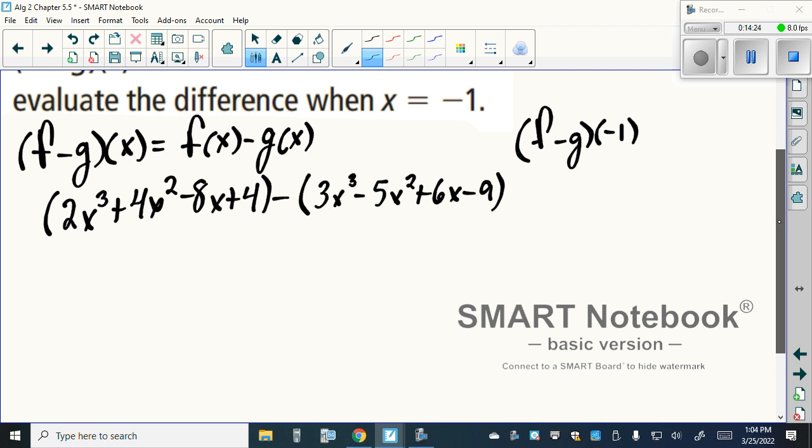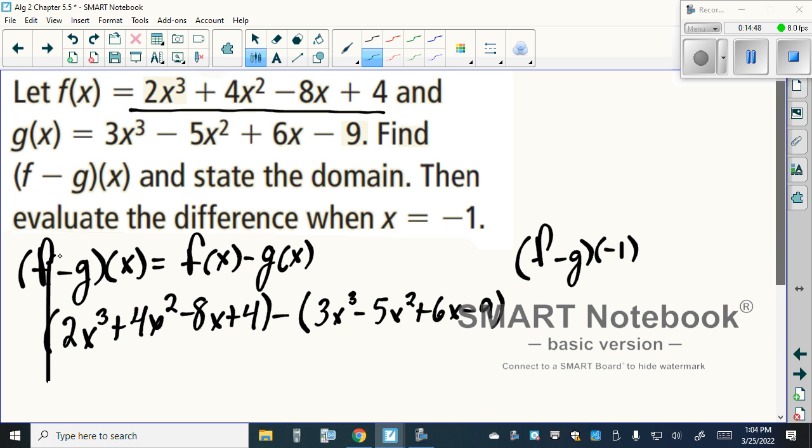So we take f minus g of x, or f of x minus g of x. We're really subtracting these two functions from each other. Now at this point here, we could go on and just subtract 2x cubed from 3x cubed, 4x squared from negative 5x squared, our negative 8x and 6x, and 4 and negative 9.